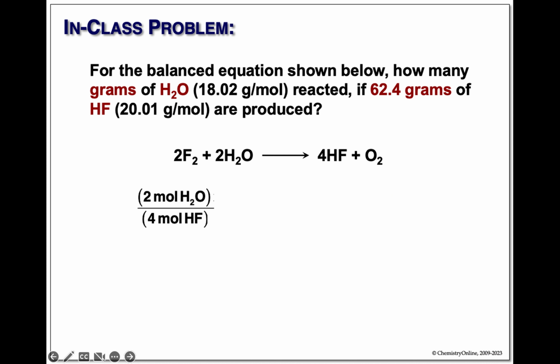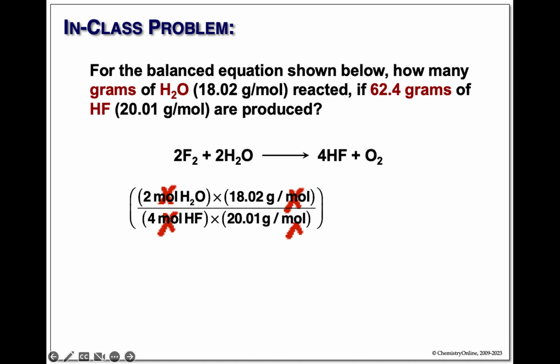We're simply going to multiply 2 times 18. We have 4 HFs. They weigh 20 each. Simply multiply 4 times 20. If you multiply these guys out, a bunch of stuff cancels. 36 over 80.